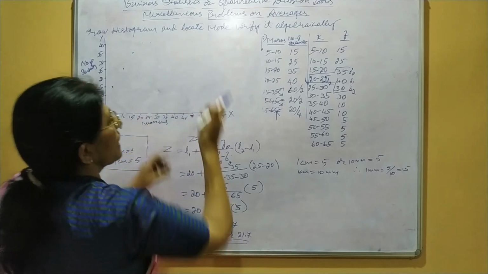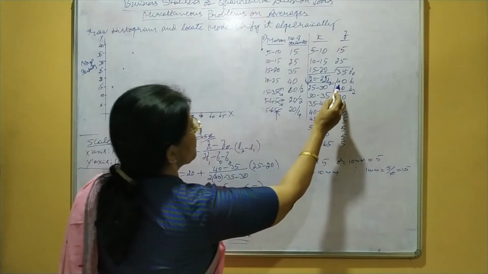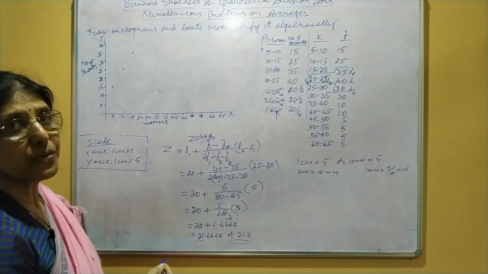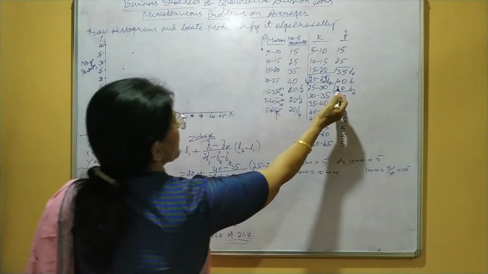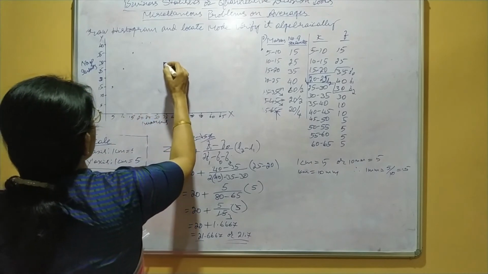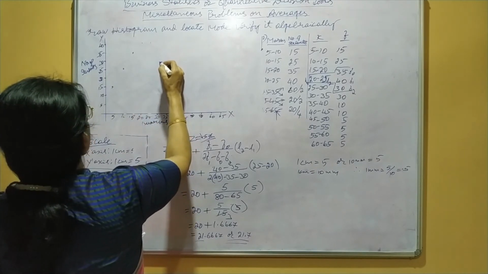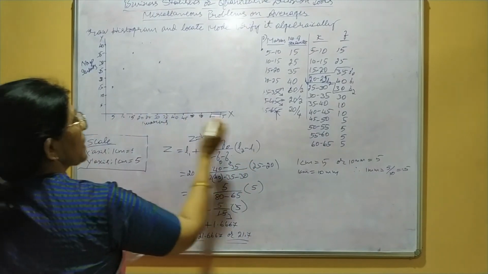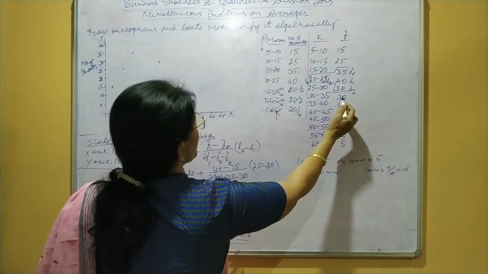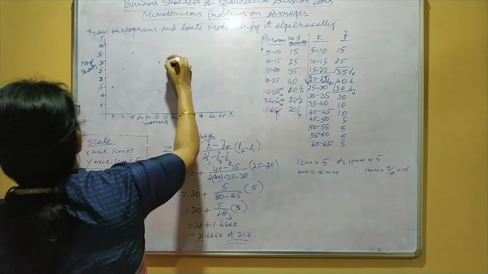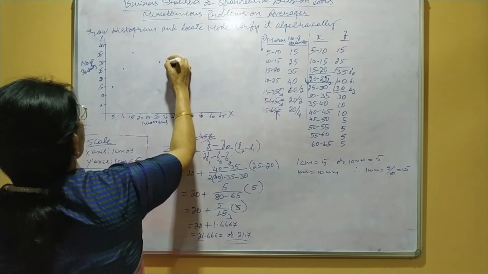After the highest frequency, onwards we have to mark corresponding to upper limit 30, that is 30, then again 30, corresponding to upper limit 35.